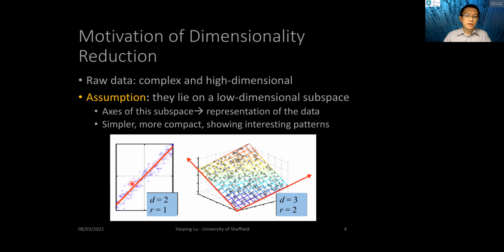For example, this is a dimension reduction from 2 to 1, that is from 2D space to a single line. And this is a dimension reduction from 3 to 2, from a 3D space to a plane in 2D.